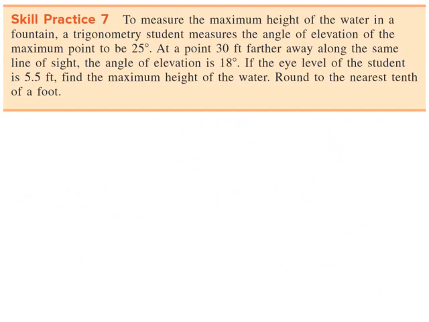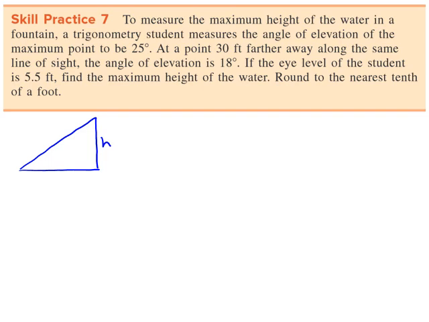This problem is solved the exact same way as the previous problem. The only difference is that we have to take into consideration eye level. So I'm going to set this up a very similar way. So this will represent the height of the water in a fountain.